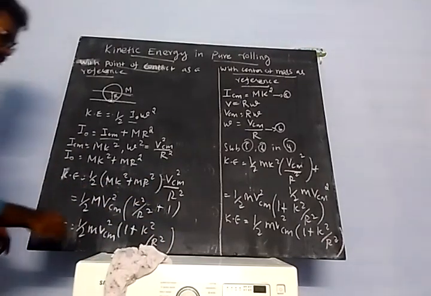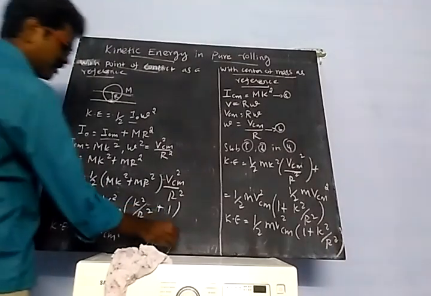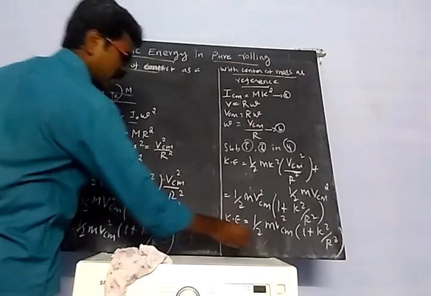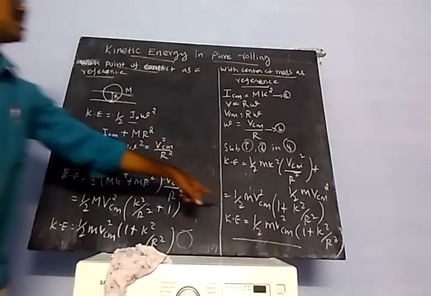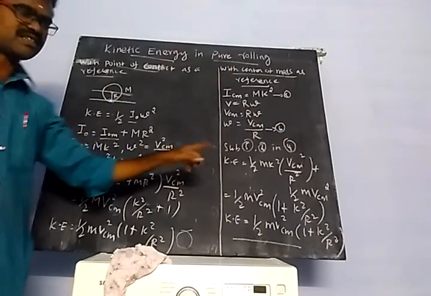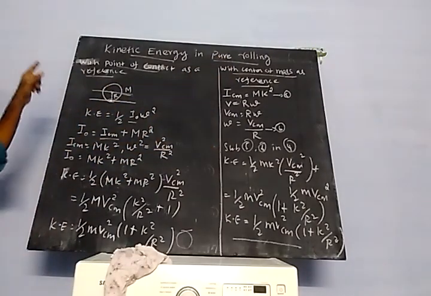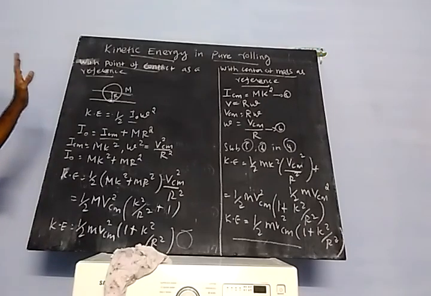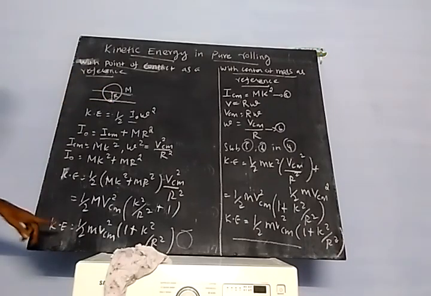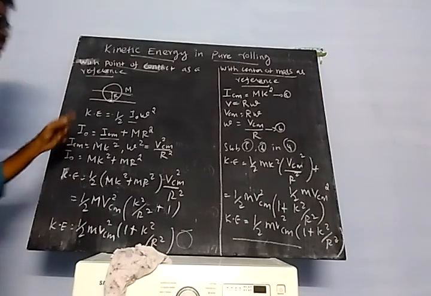So you can compare these two equations, this equation and this equation. Both are the same only. This is with the center of mass as a reference, but this is momentarily taking it as a rotational motion. So both kinetic energies are the same.